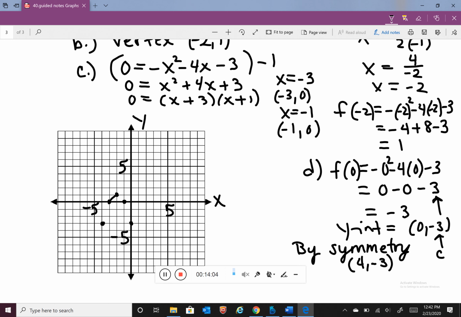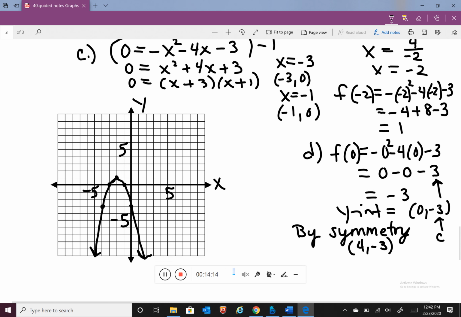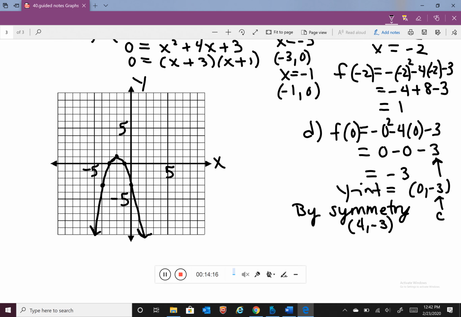So I have 5 nice points here. Notice our axis of symmetry is x equals negative 2, and that's how we were able to actually get that fifth point.